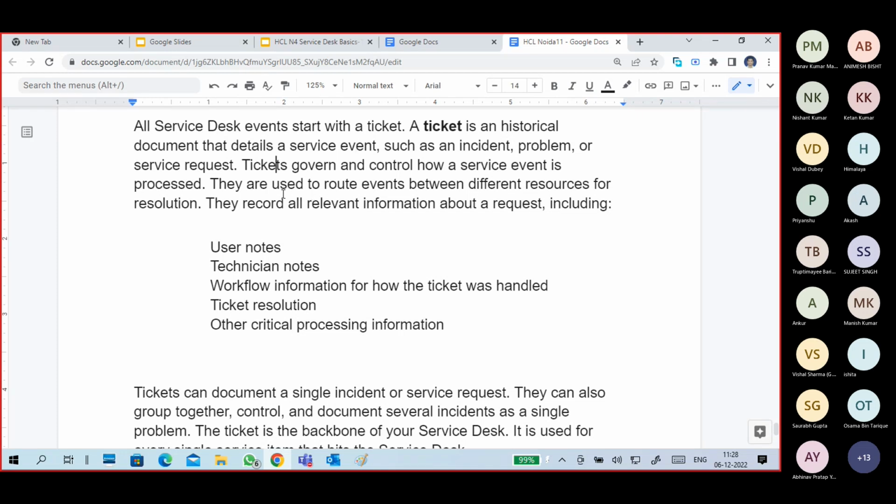The tickets govern and control how that service event is processed. They are used to route events between different resources for a resolution.